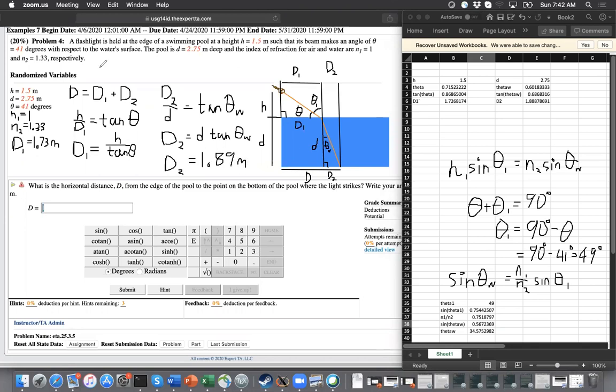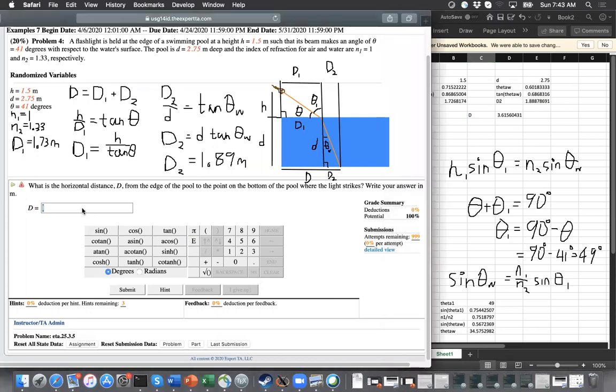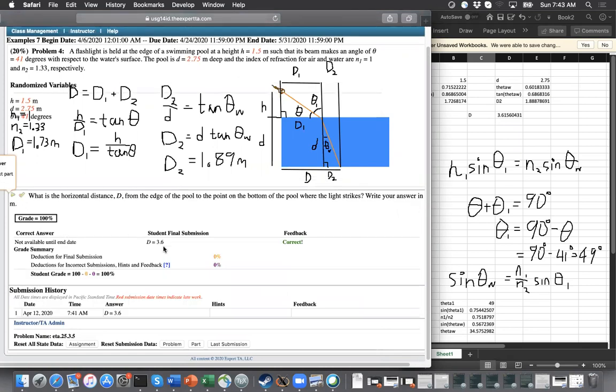And now we've got the two d's we need. We can add them together. We can do that anywhere we want. We can do that here. And just say d is this plus this. So if we did that right, it should be about 3.6 meters. So let's see if this works. And submit. It worked. Yay. So this, in fact, was the correct distance.